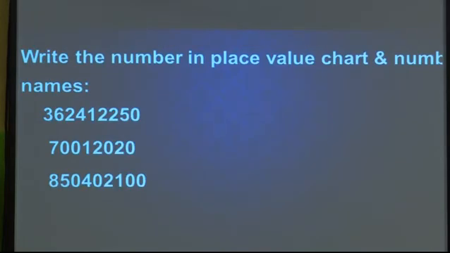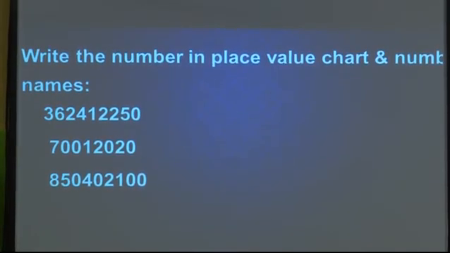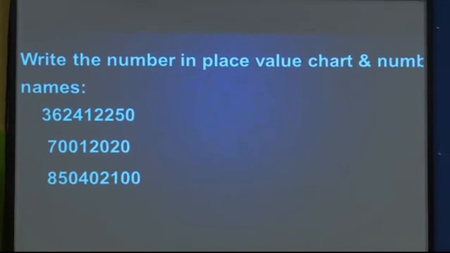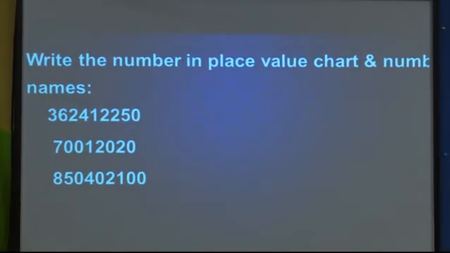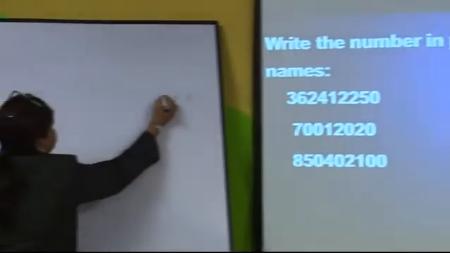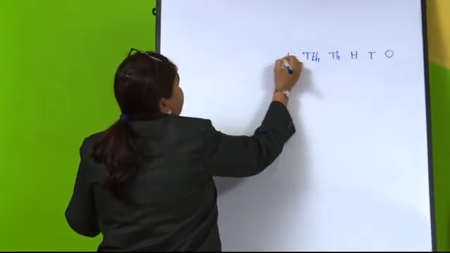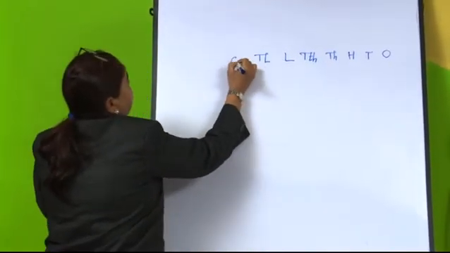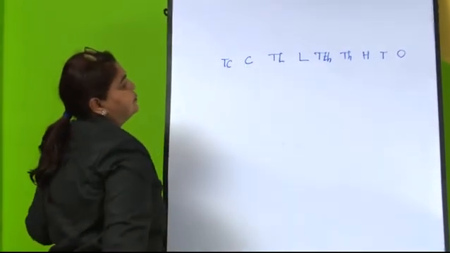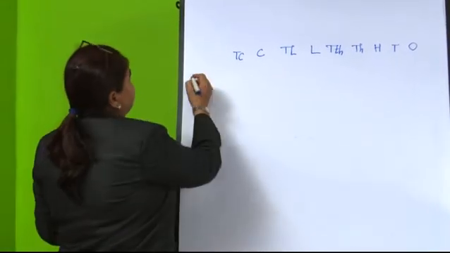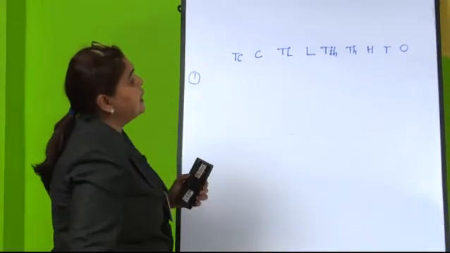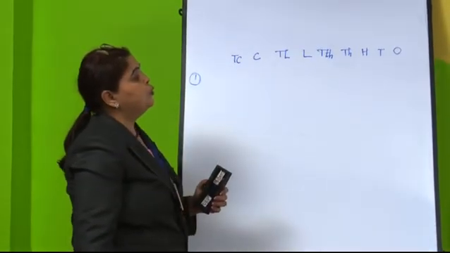Write the name in a place value chart and the number names. Now what numbers are given? The place value chart we had already seen. In short I will write the place value chart here: ones, tens, hundreds, thousands, ten thousands, lakh, ten lakh, crore and ten crore. Now we have the first number there as 362412250.